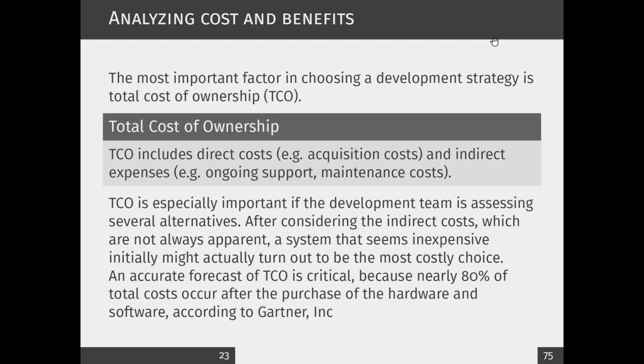So when you have a situation like this, it's very important that you look at several alternatives, right? Because one of the problems is the indirect cost, which means the support and maintenance cost. They are not very apparent, like you can clearly see. The initial one, the direct cost, will not be that difficult to calculate, but the problem might be with what we call the indirect expenses, right?